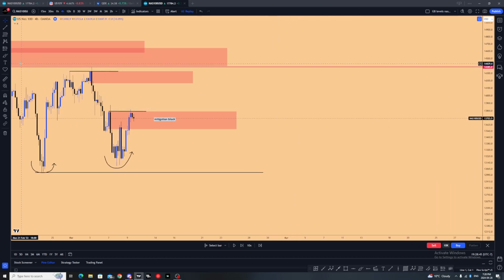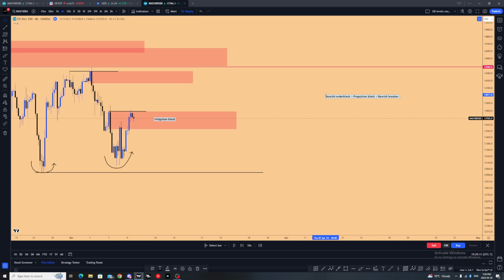So on the precedence level, bearish order block is the strongest. Then breaker comes after that. No, sorry, propulsion block comes after that. Then a bearish breaker comes after that.